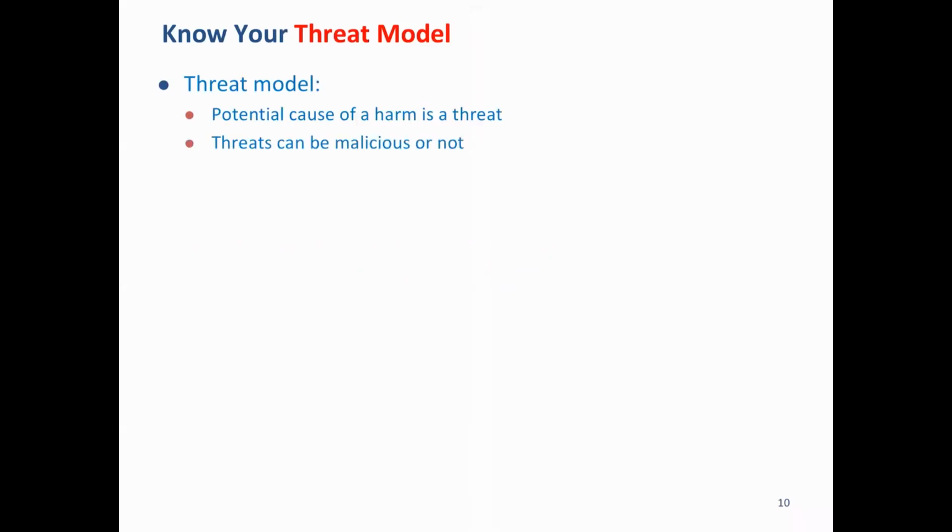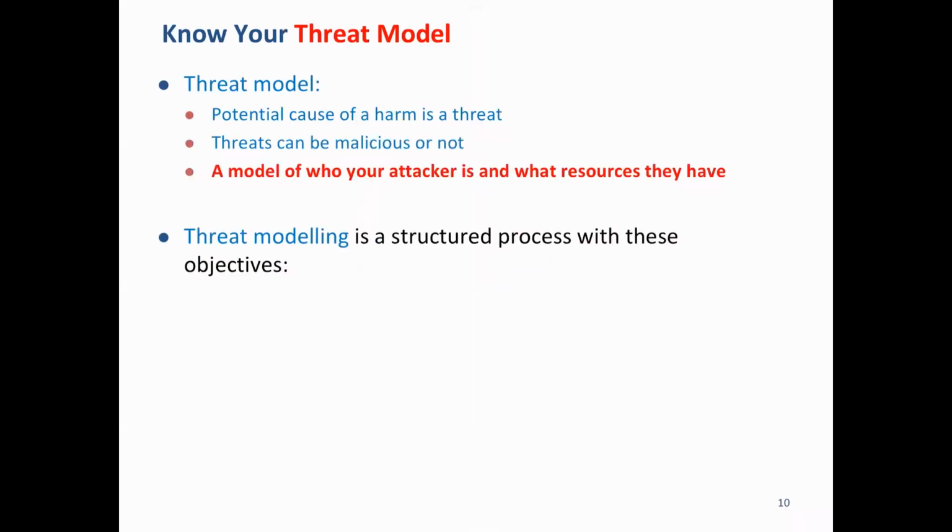Okay. So threat model is about potential cause of harm. Potential cause of harm is a threat, right? There may be a threat of war, there can be a threat of flooding, there can be a threat of your corporation, the company where you work, getting a ransomware attack or something like that, right?